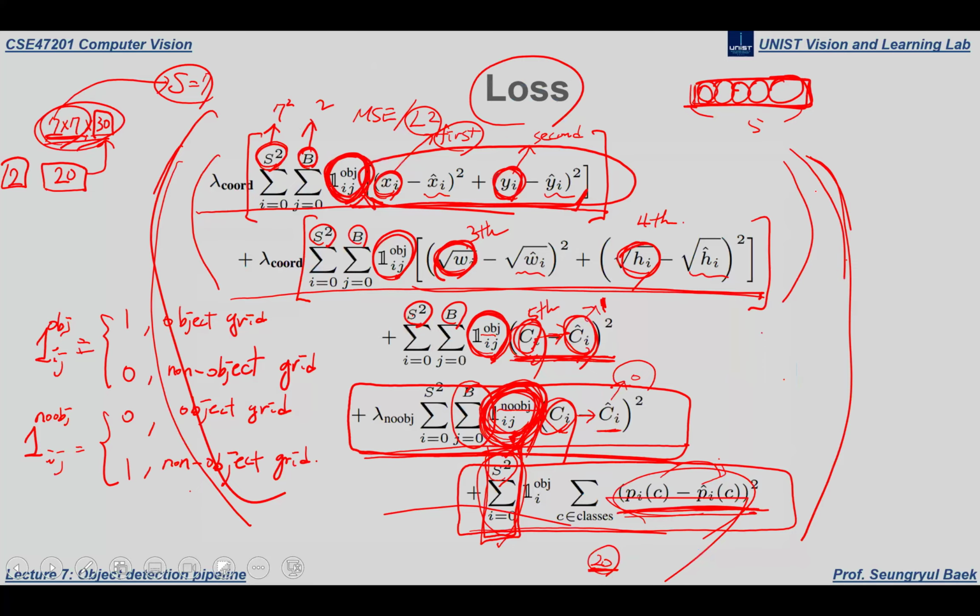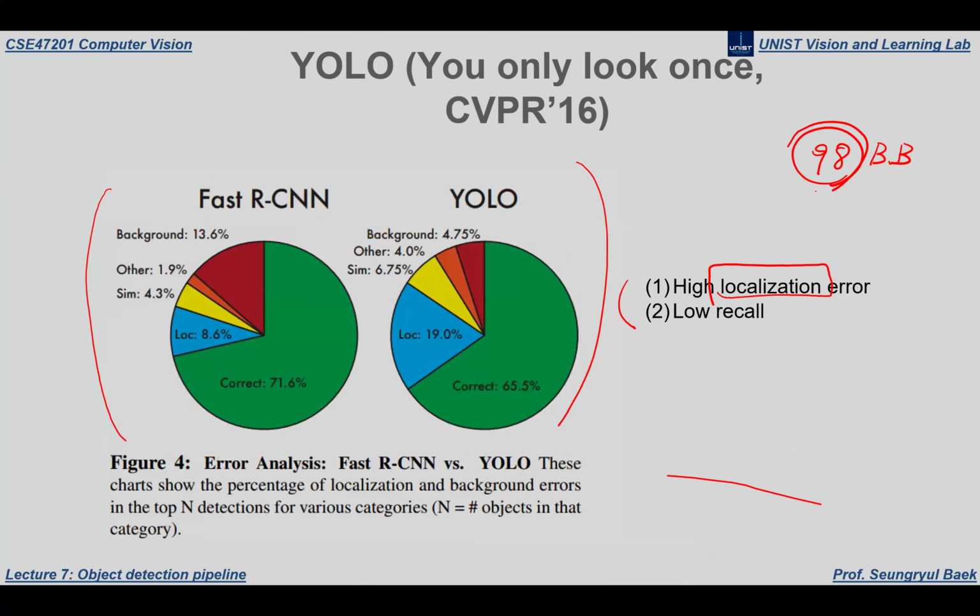Okay? But also, it has low recall. Precision and recall are two very important measures for measuring the accuracy of the algorithm. But YOLO has good precision, but less good recall. So recall and precision, I will explain here.